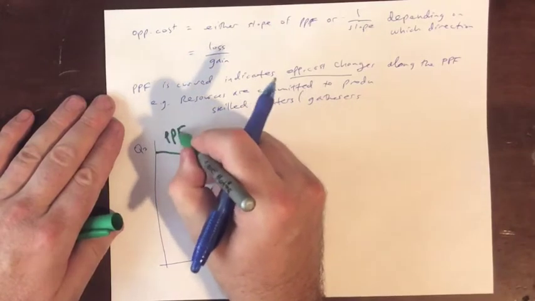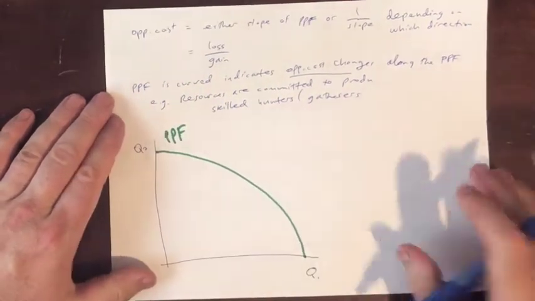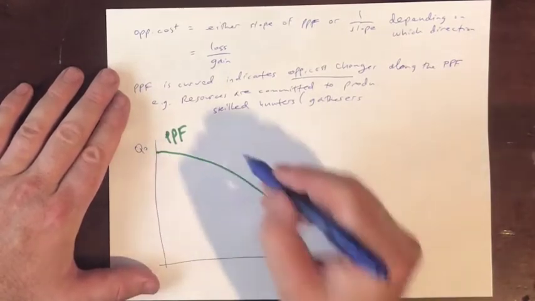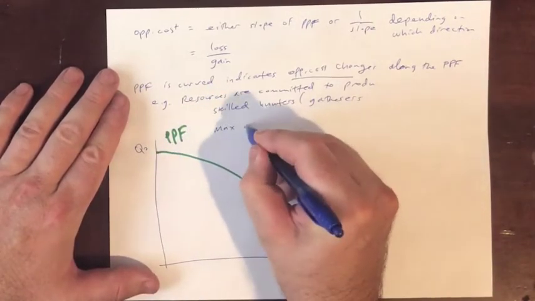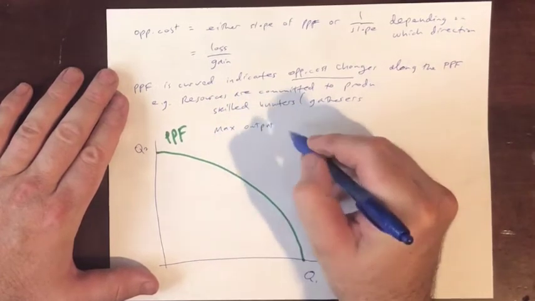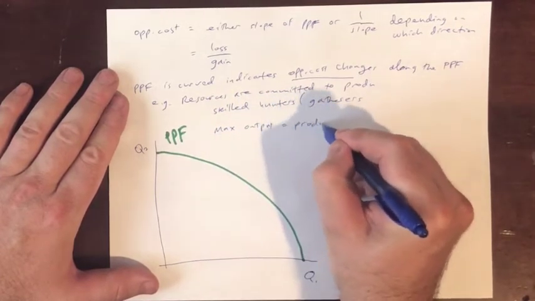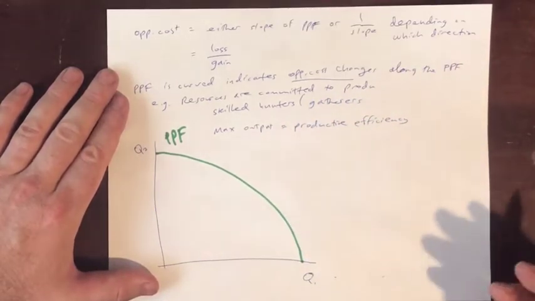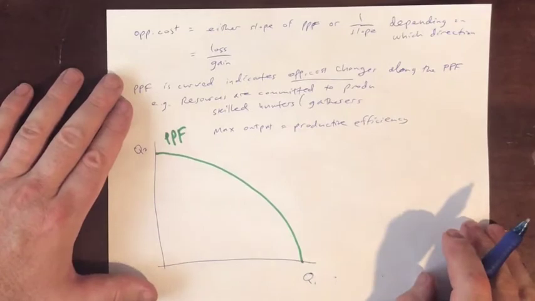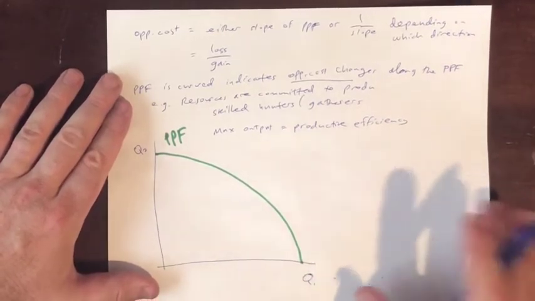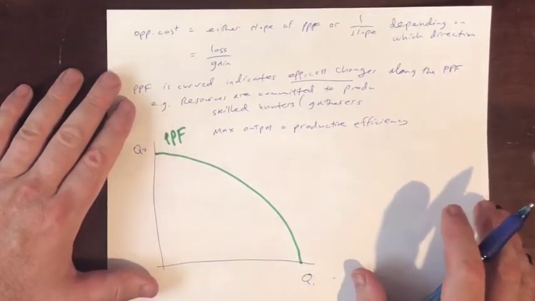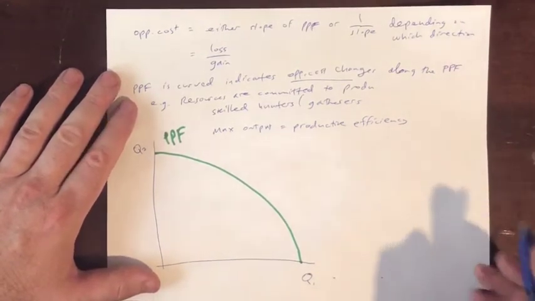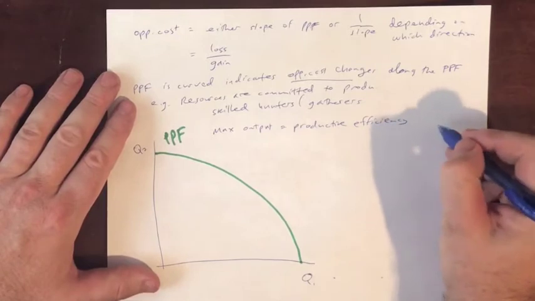So the production possibilities frontier represents the maximum output, which we can define as productive efficiency: the maximum output given our resources and our technology. That also enables us to see very clearly what would be below the optimal.